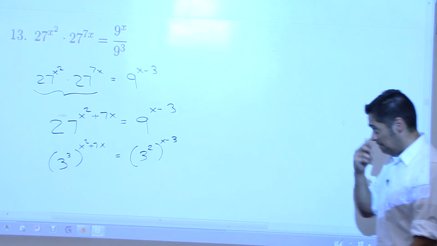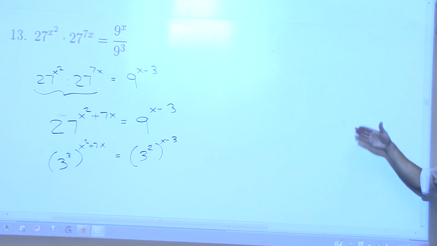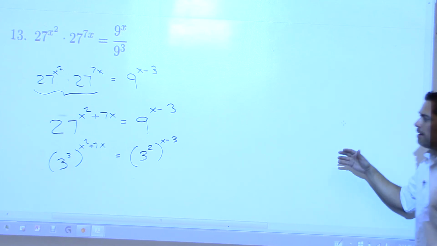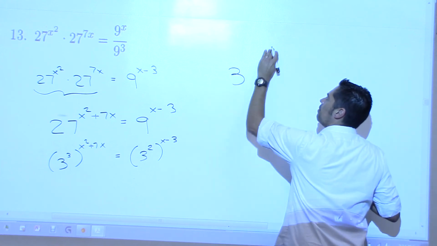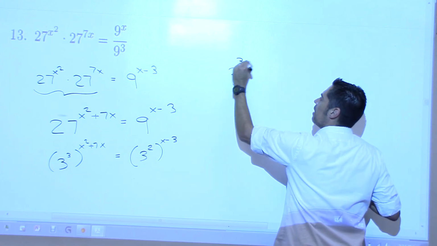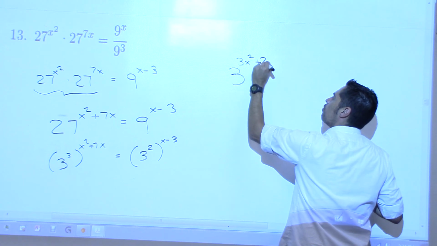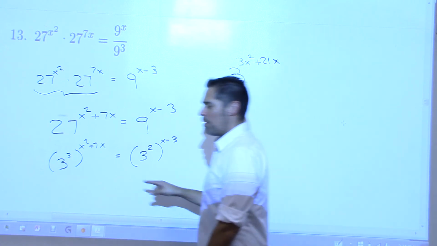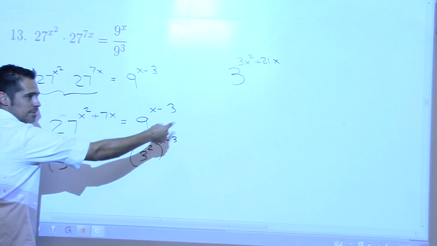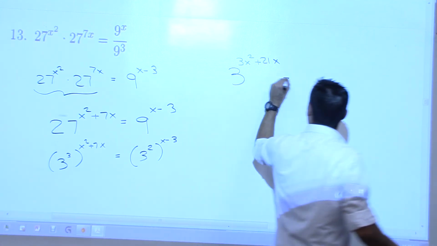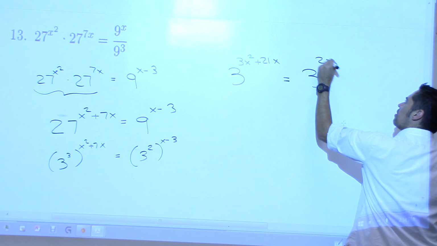Now you go power to power, you multiply. So 3 to the 3x squared plus 21x. I'm just multiplying this 3 times both of those. And then here, 2 times that distribute, so 3 to the 2x minus 6.